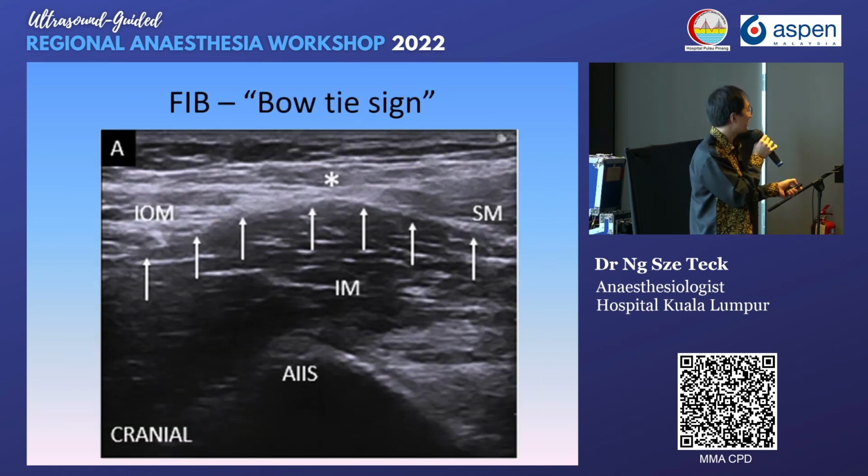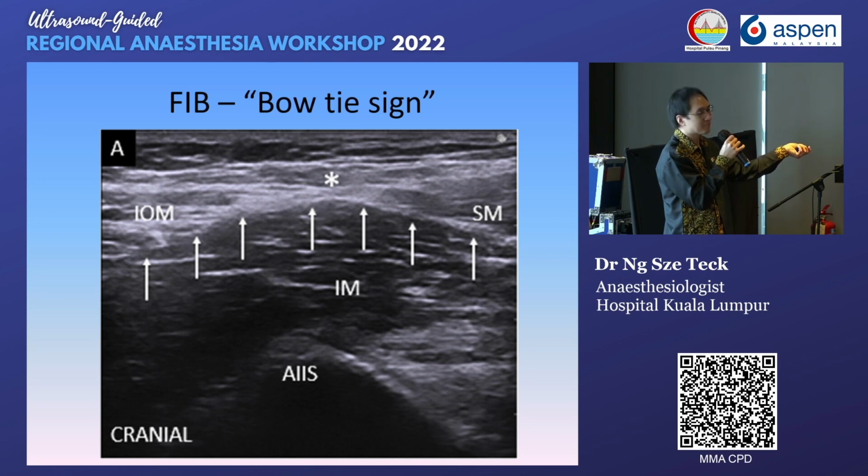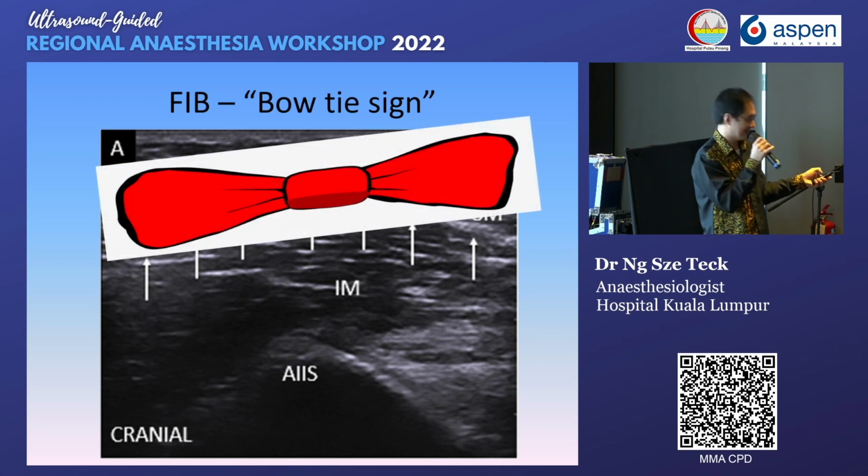Yeah, so this is what I meant by the bow tie sign. But you need to identify the anterior inferior iliac spine, not the anterior superior iliac spine, the iliacus muscle, sartorius, and internal oblique. It looks like a bow tie. All right.